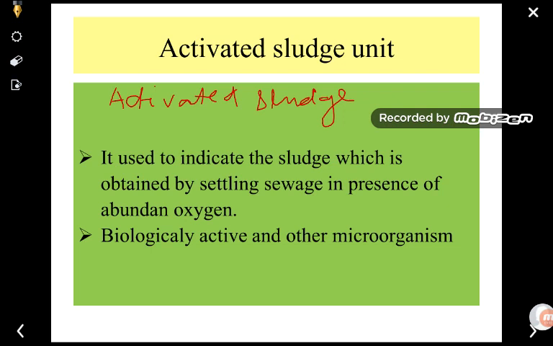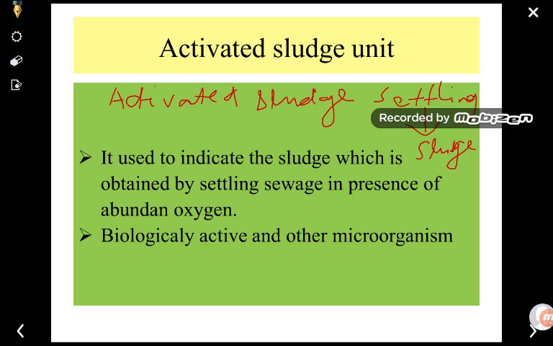Activated sludge is the term used to indicate the sludge. The activated sludge is a sludge which is obtained by settling sewage. After the settling of the sewage, we get the sludge in the presence of an abundance of oxygen.